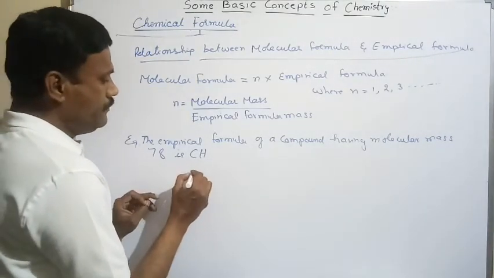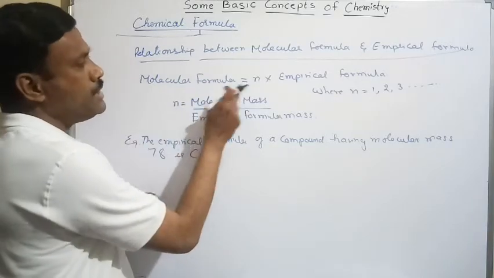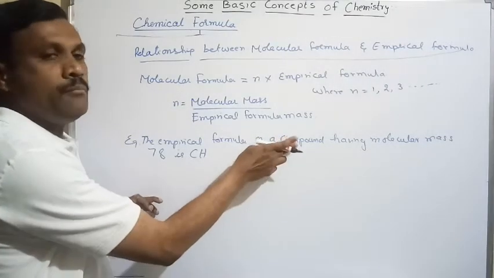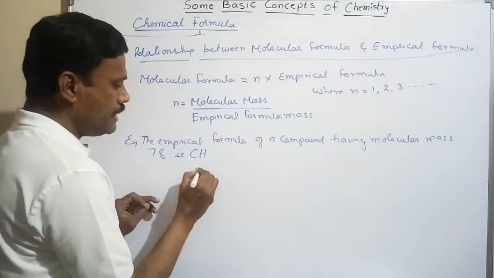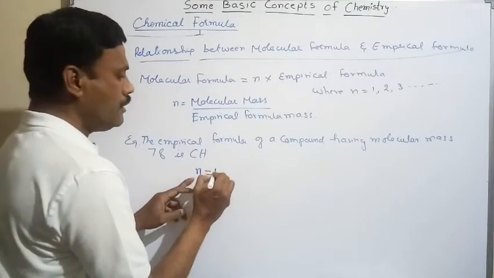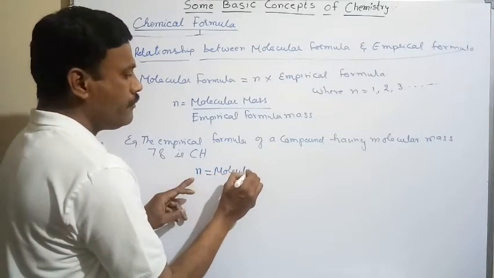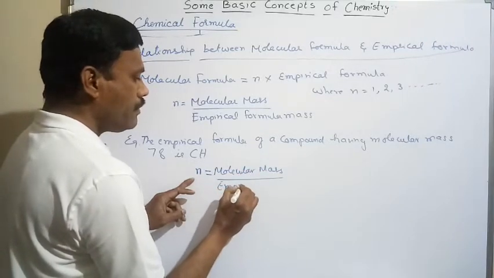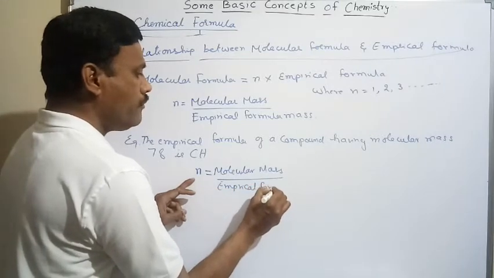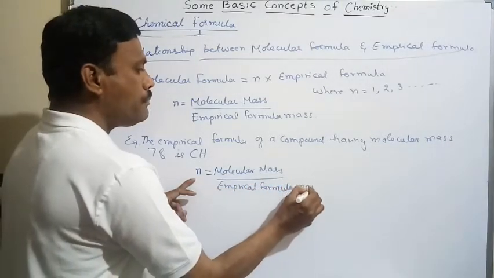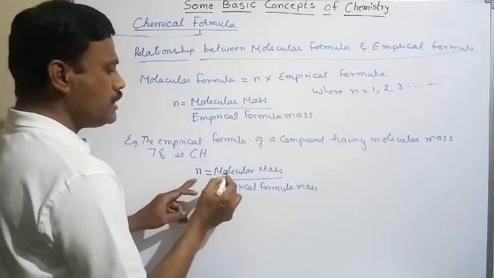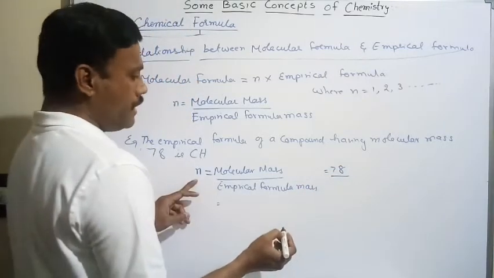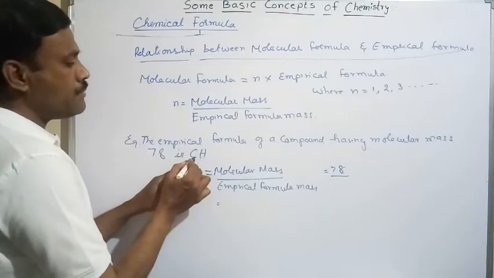So we know that molecular formula is equal to N into empirical formula. Here we have to find out the molecular formula. So N is equal to molecular mass divided by empirical formula mass. Molecular mass is 78, divided by the empirical formula mass. Empirical formula is CH.